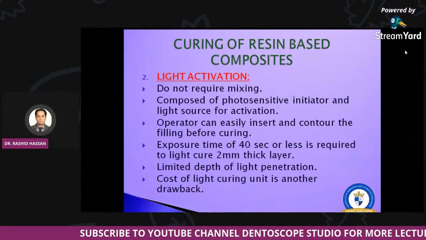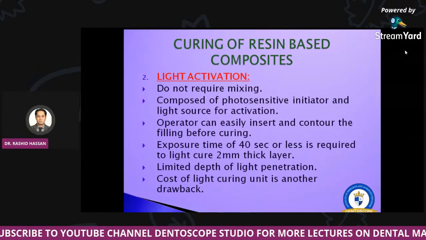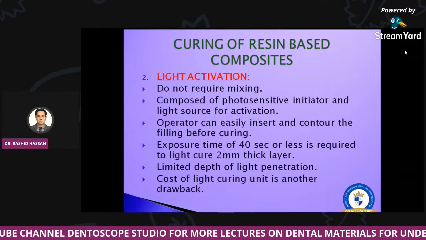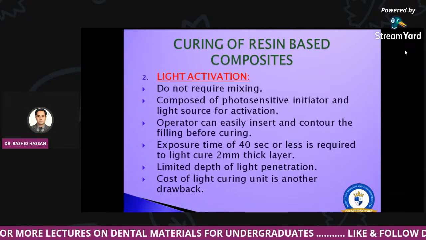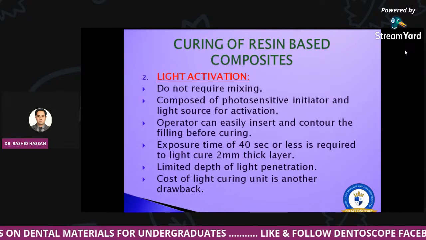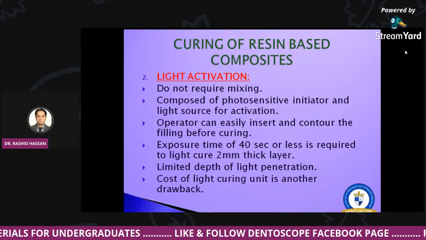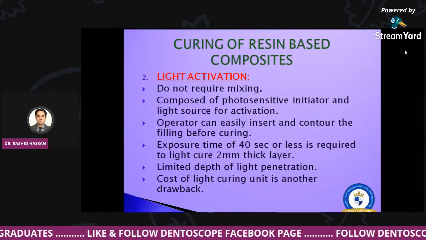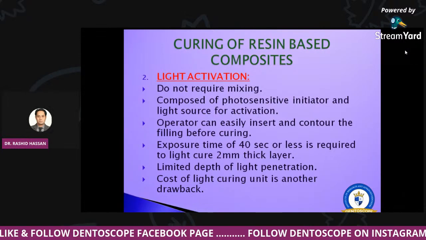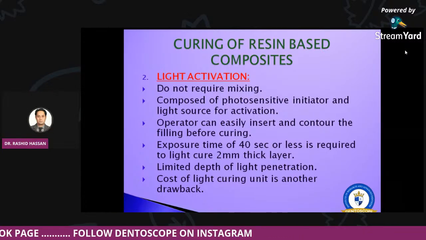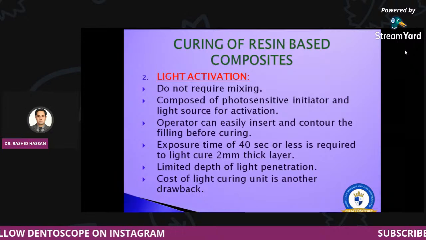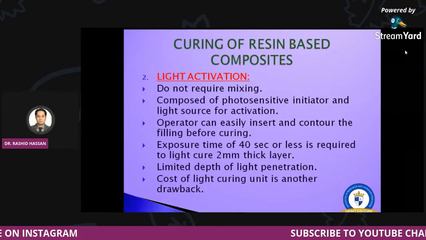The glass particles present as filler particles in the dental composite reflect light, so they don't allow the light to move to a greater depth. That's why we only use 2 millimeter thickness of dental composite, cure it for 30 to 40 seconds, and then after that we introduce the second increment and cure it with light.